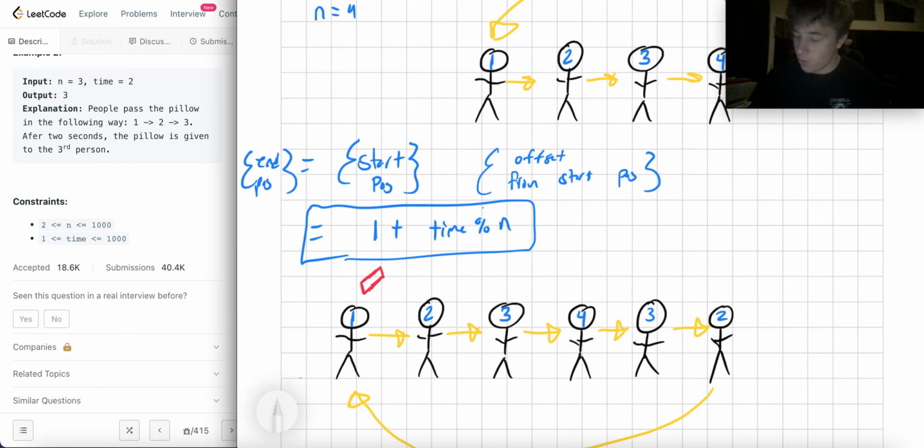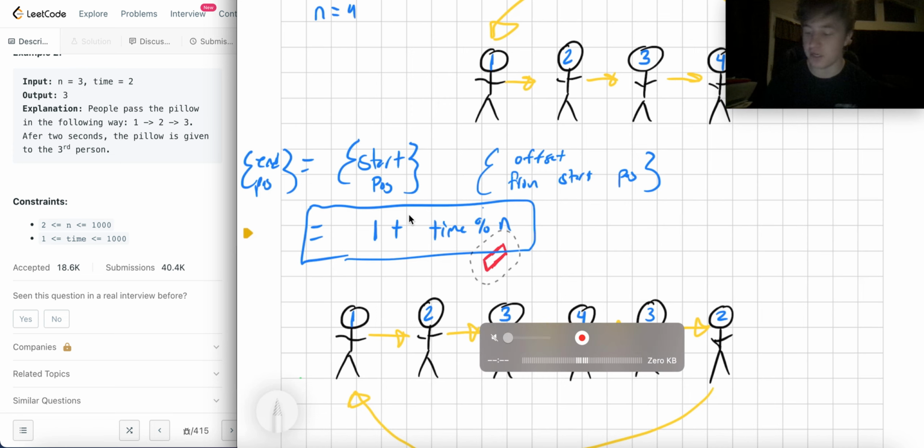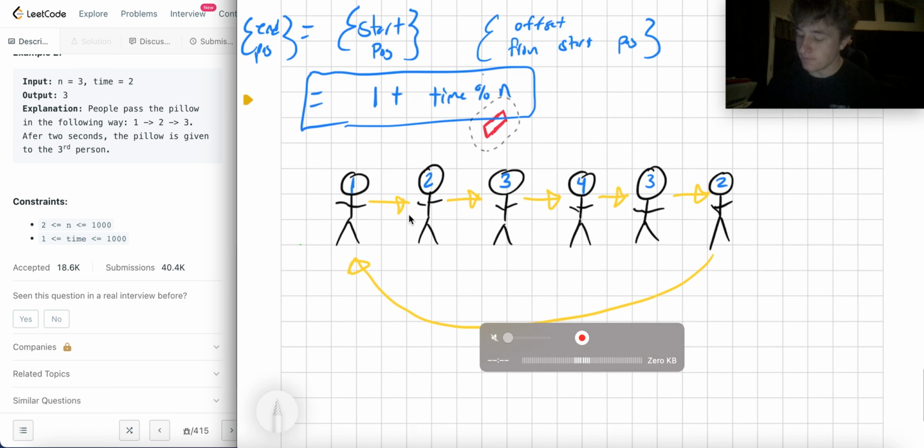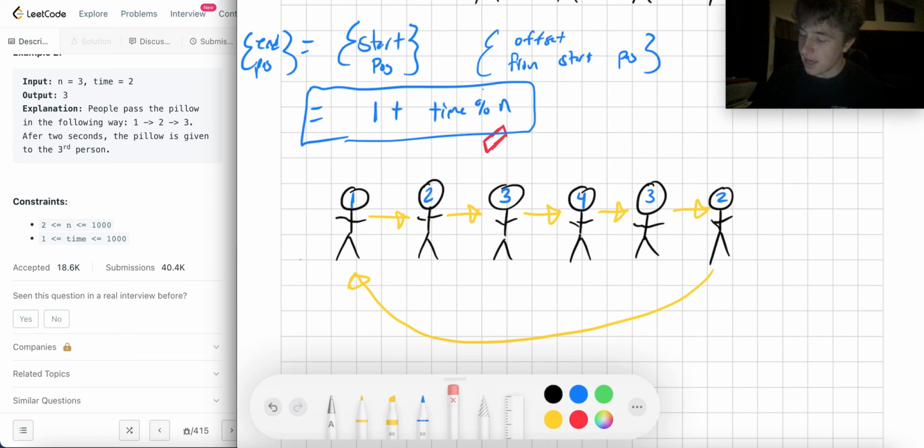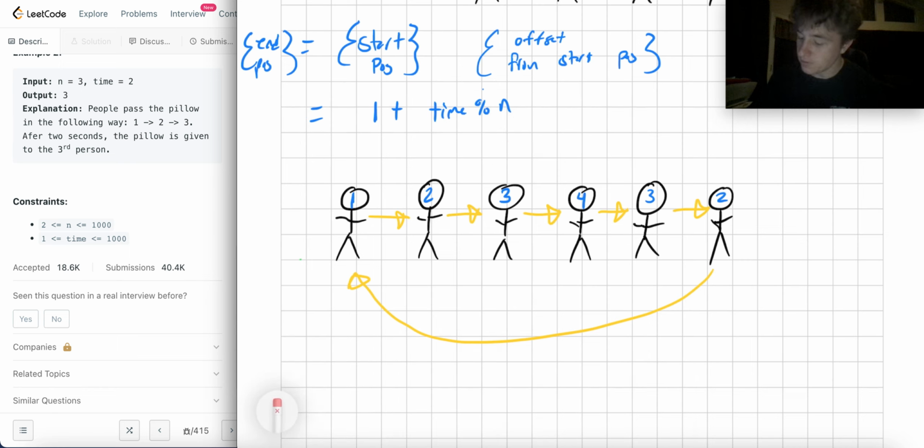We go from 1 to 2 to 3 to 4, back to 3, back to 2, back to 1, to 2 to 3 to 4. So you'll notice that just by tweaking the way that we model this problem, we can describe it using this equation. But the difference is, we're no longer dealing with n.